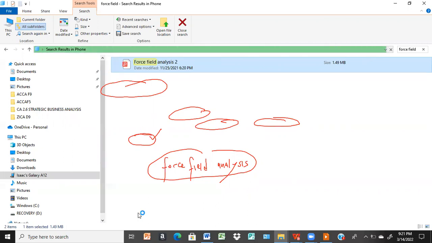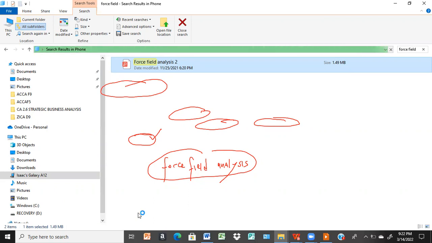So we are saying that whenever there is change, there's going to be two types of forces: driving forces and restraining forces. Now, some of you, where you have been in places where change has taken place, you have seen this type of forces.